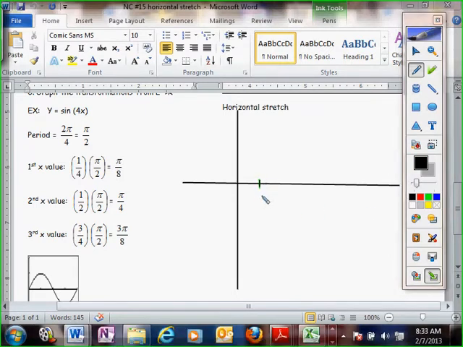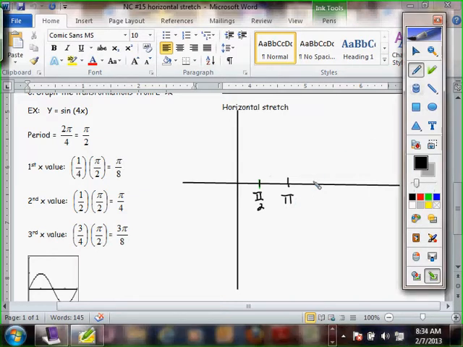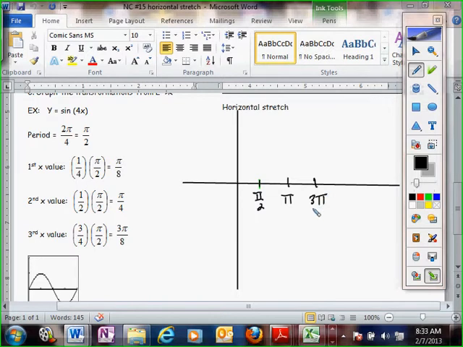In the past, with trig graphing 2 or 3, when there's no horizontal shrink or stretch, we would start this with pi halves, and then pi, then 3 pi halves, and then 2 pi.